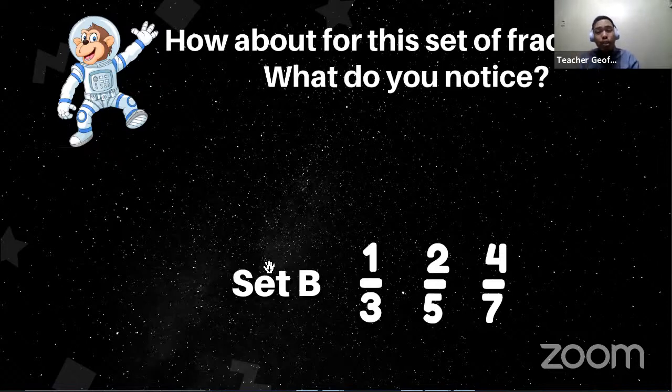Yes, compared to the last set of fractions, they actually have different what? Denominators. The last set, we have 6 as the denominator. But for this one, it's 3, 5, and 7. They are all different. So, can you guys have a guess on what kind of fraction this will be called?